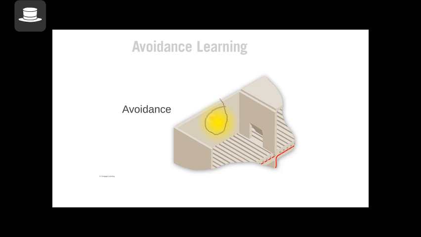So the animal learns to avoid the aversive stimulus by moving to the adjoining non-electrified compartment when the light appears, but before the painful stimulus is presented.